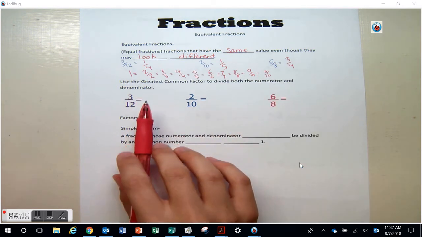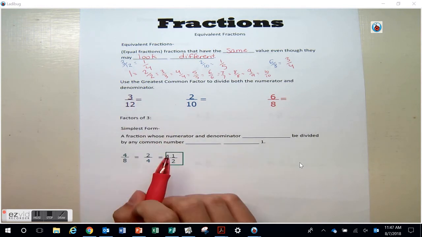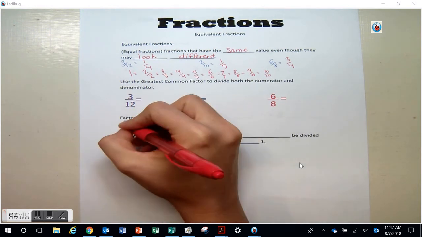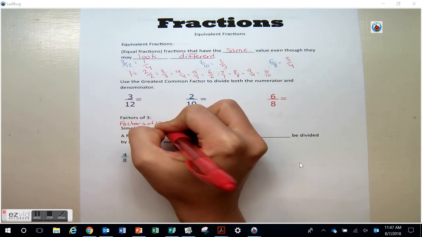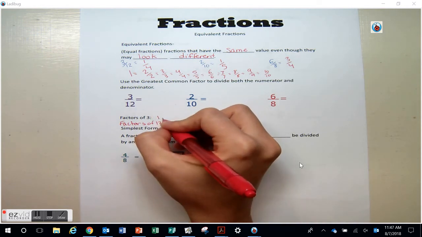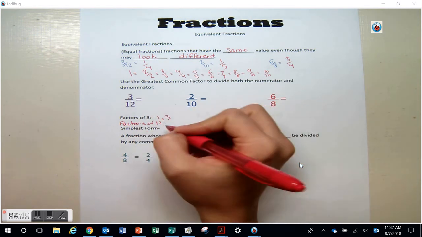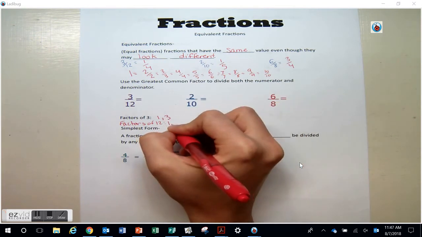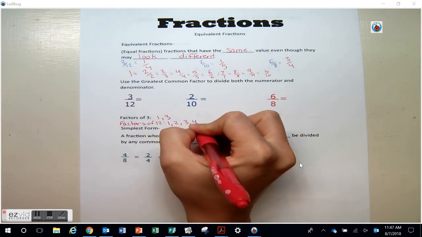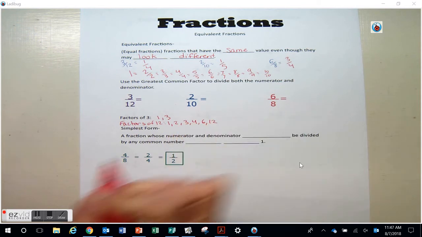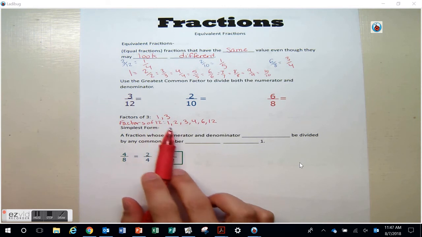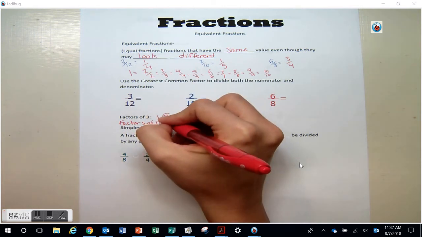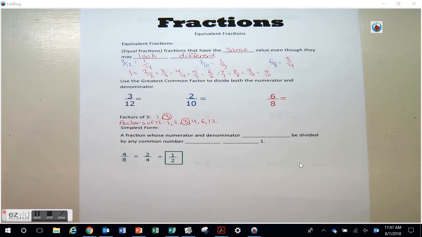So let's look at the factors of 3 and the factors of 12. The factors of 3 are 1 and 3. The factors of 12 are 1, 2, 3, 4, 6, and 12. What's the greatest common factor you see in these two lists? Well, I see 3 and 3.